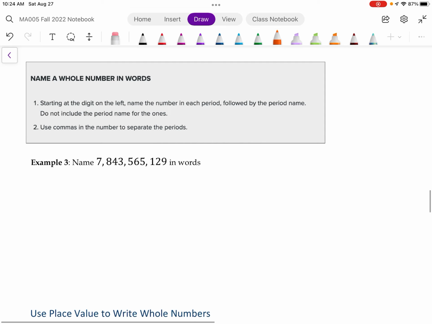So here's an actual set of steps if you like to use steps. So make sure you're using commas to separate things. So this I'm probably not going to write out, but I'm going to say it. So you can repeat it if you need to, just rewind and listen. So this is in the billions, the millions, the thousands, and the ones.